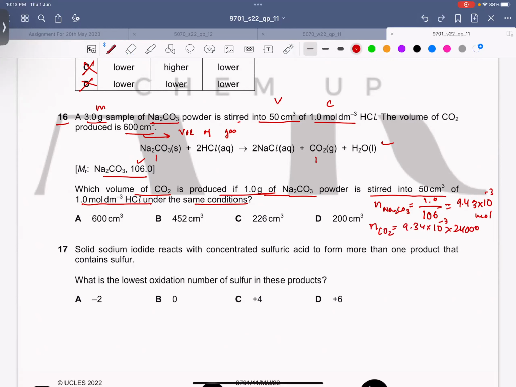So can anybody tell me the next answer, please? It's 226.32, right? So it means D, B, and A go wrong, and my correct answer is C.